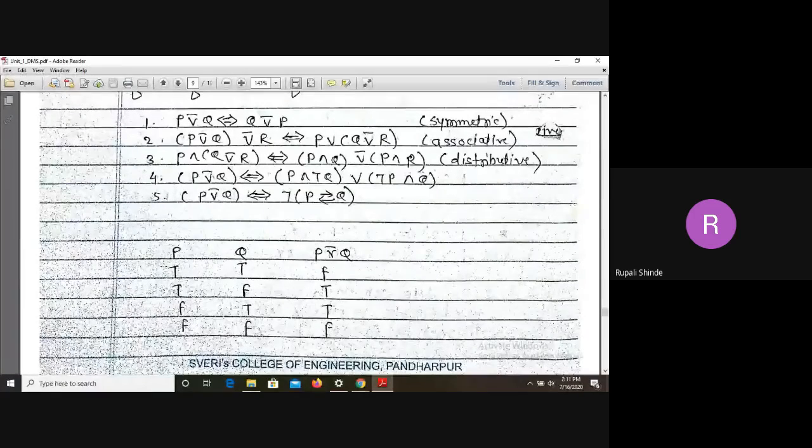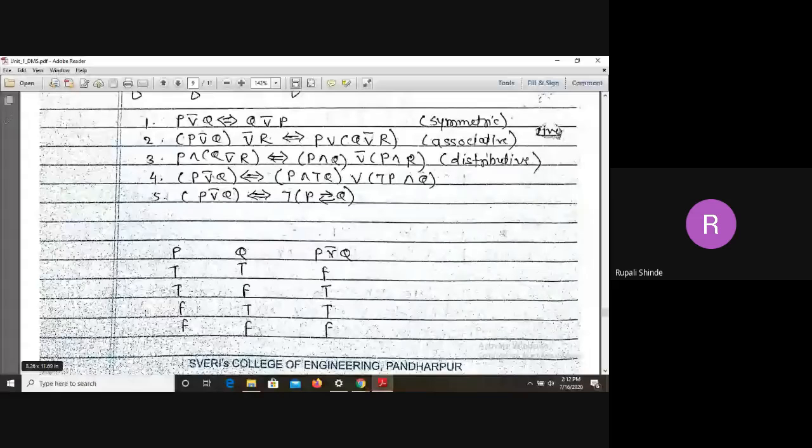Now, in the first row and last row, both have identical values. That's why the final value is F. In the middle, it has different values. That's why the final value is T. So, whenever identical values are there, what was the truth table?